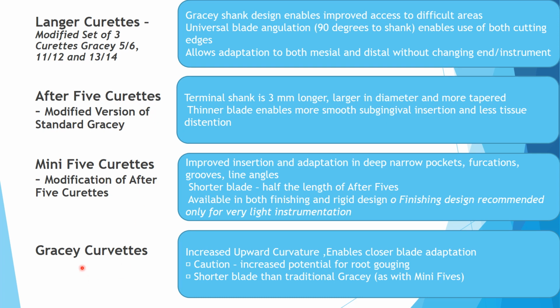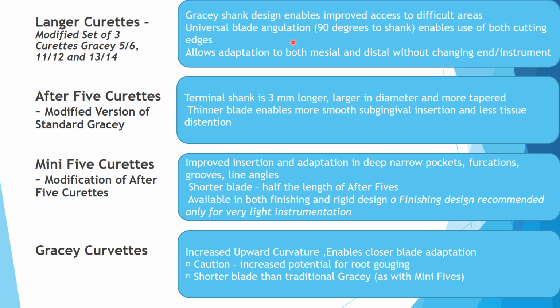So coming to the modifications of curettes, we have mentioned some of the modifications. There are more modified curettes. The most important few we have added, that is Langer curettes. This is a modified set of three curettes, a combination of Gracie 5, 6, 11, 12 and 13, 14. The Gracie shank design enables improved access to the difficult areas.